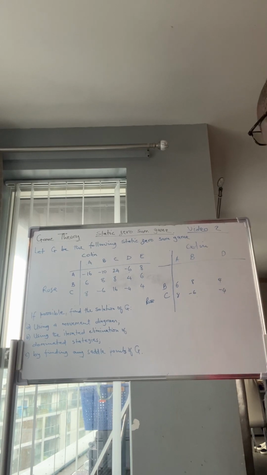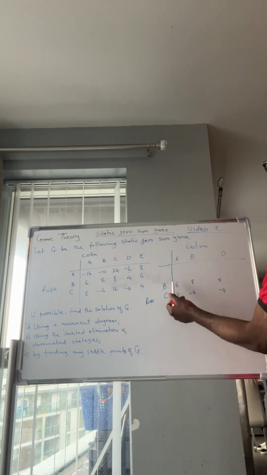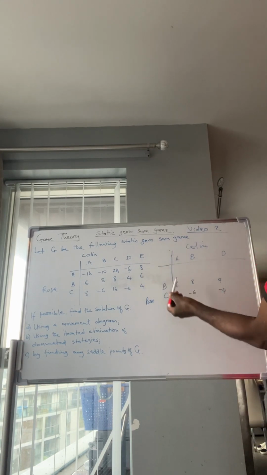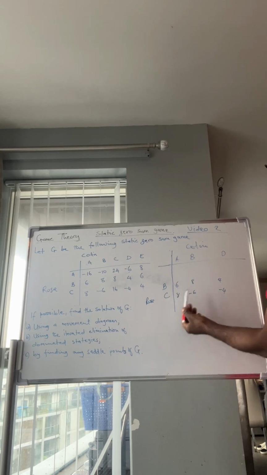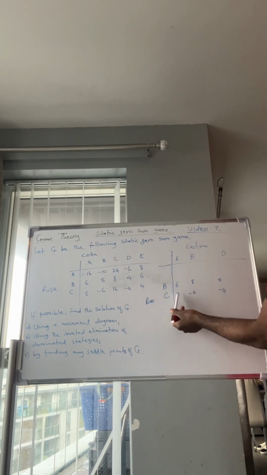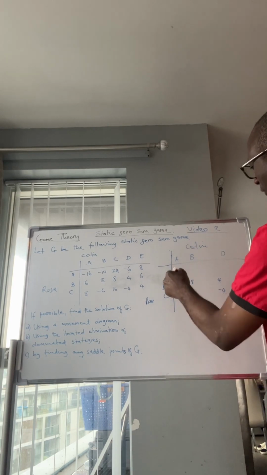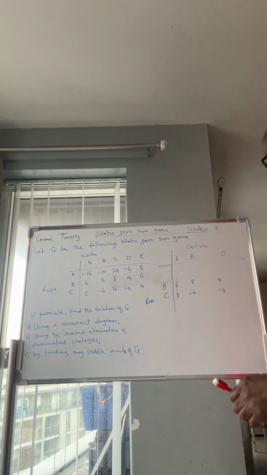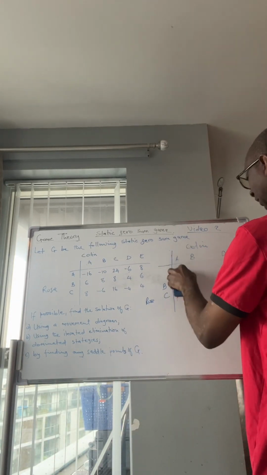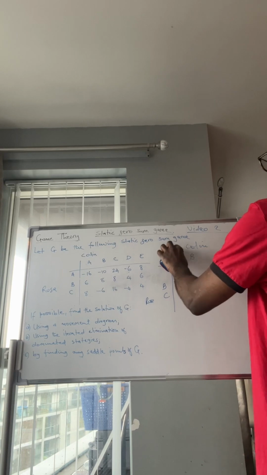Yes, we can do column. Column A, 6 is bigger than 4. 8 is bigger than minus 4. So therefore, the bigger one, or the maximum, goes. So this one goes away, according to the iteration method. When you are doing column, the bigger one goes. So this one is gone, and A is finally gone.